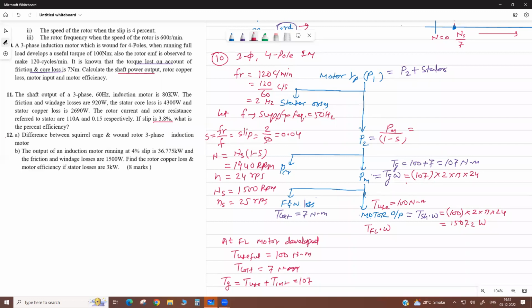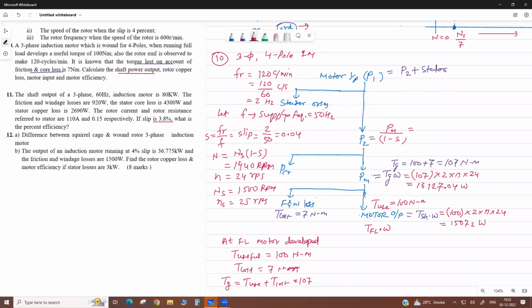And this mechanical power comes 16127.04 watt.